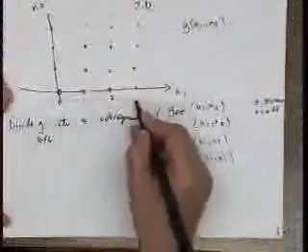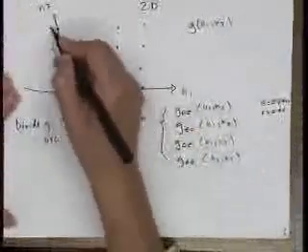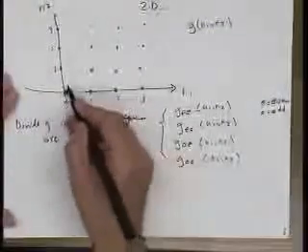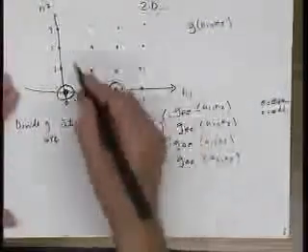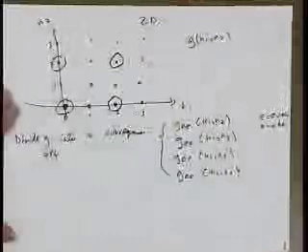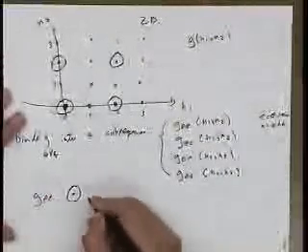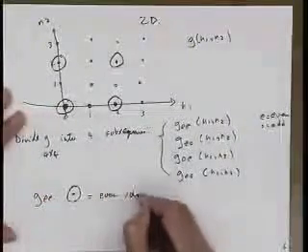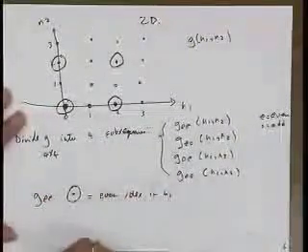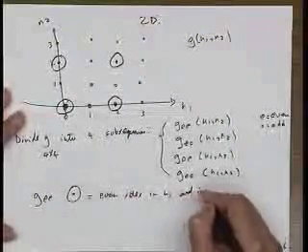So if this is 0, 1, 2, 3, 0, 1, 2, 3, this is around GEE, even index in n1 and in n2.